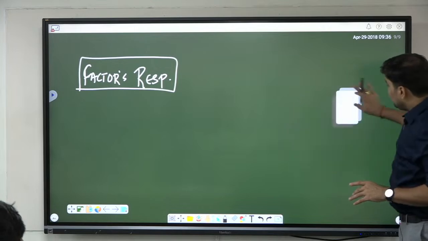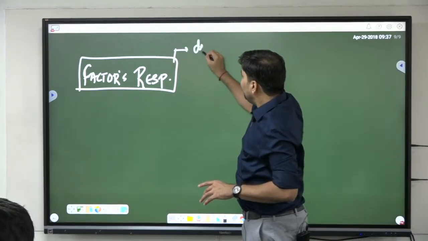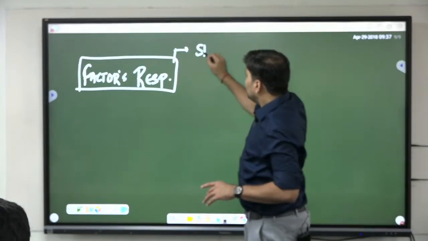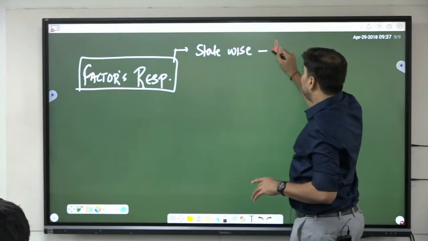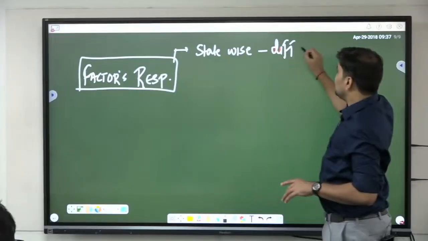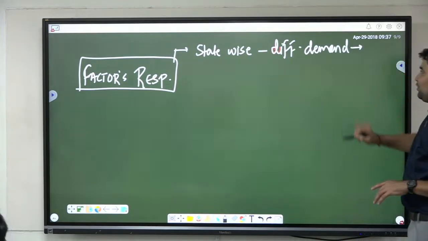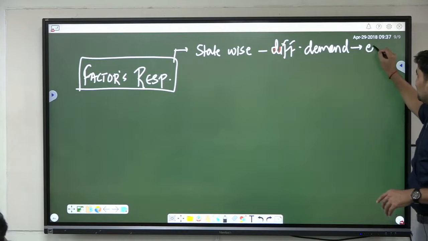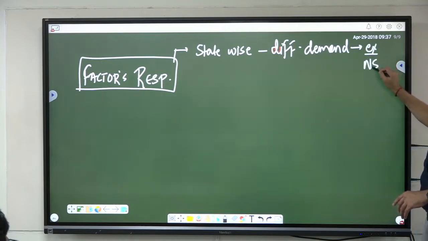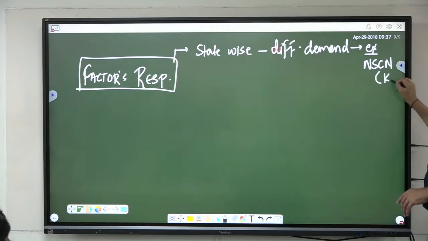So, there are different factors. That means state-wise, there are different demands, different demands for what? Insurgency. For example, the Nagas, the National Socialist Council of Nagaland, it is an insurgent group, especially the Khaplang group.